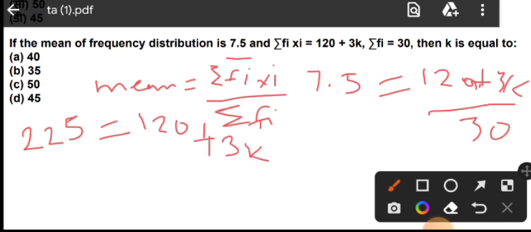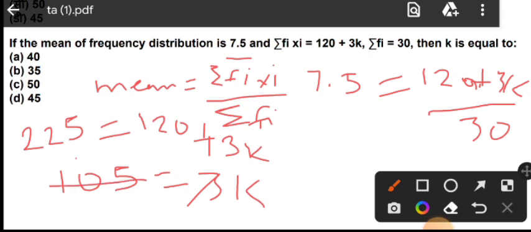When we subtract 120 from 225, it becomes 105. So 105 is equal to 3k. When we divide 105 by 3, it comes 35. Here option B is the right answer.